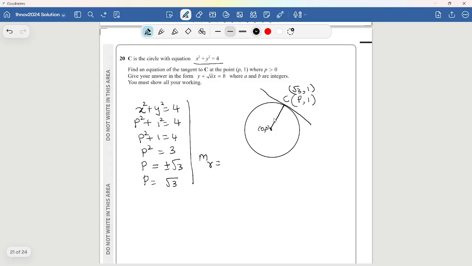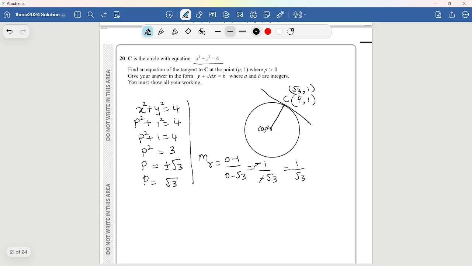The difference of the y coordinates, which is 0 minus 1, over the difference in x coordinates, which is 0 minus root 3. 0 take away 1 is minus 1, 0 take away root 3 is negative root 3. So I can get rid of the negative sign, and I get 1 over root 3 as the gradient of the radius.